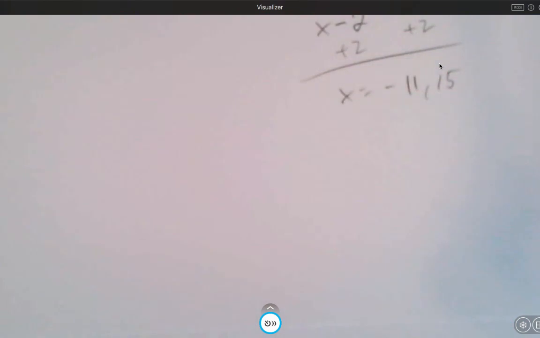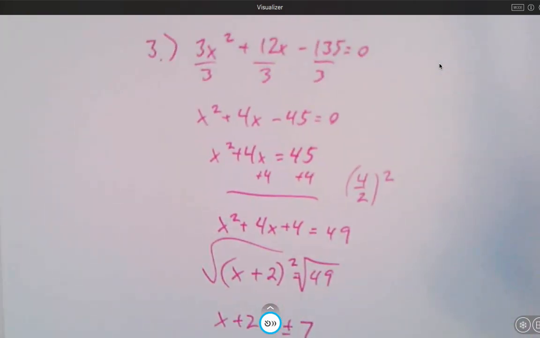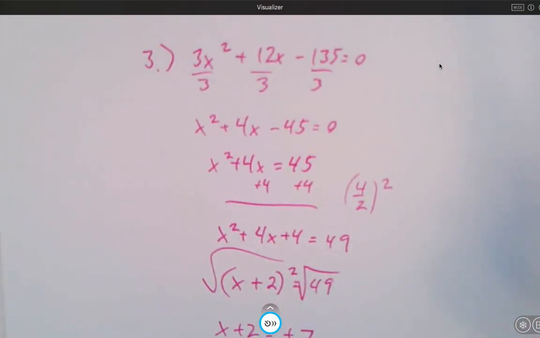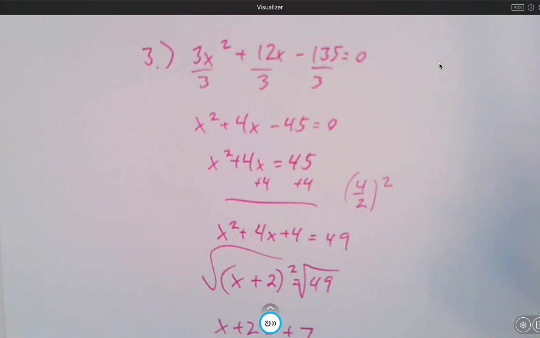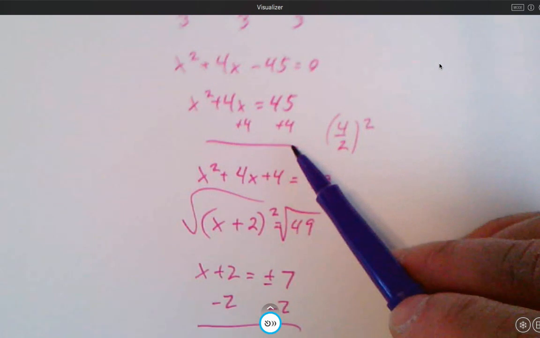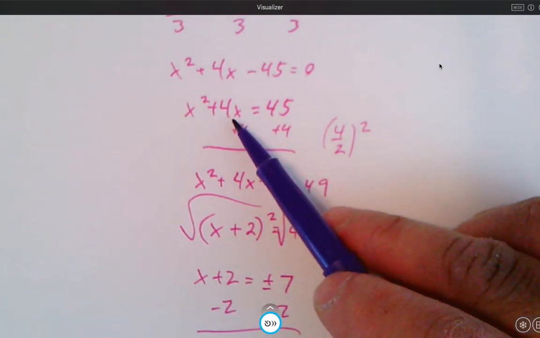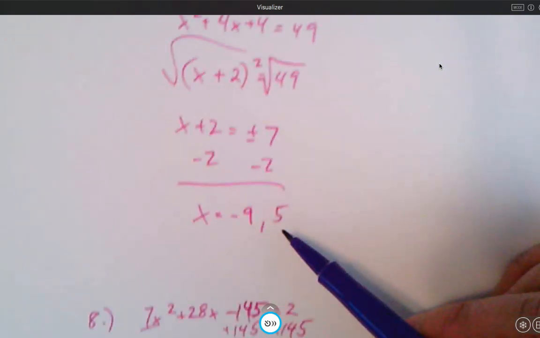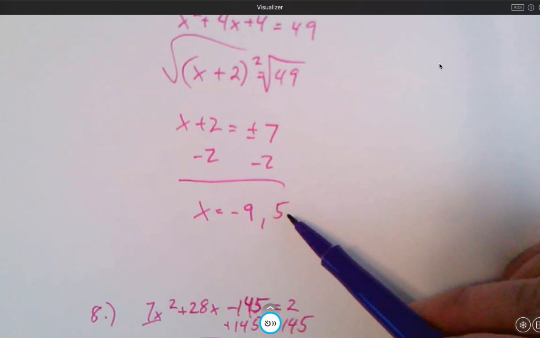We looked at numbers 3 and 4 as well. And then we ended with some practice. So number 3, divide everything by 3. Push that to the right, add 4, because that's a perfect square. You end up getting -9 and 5.